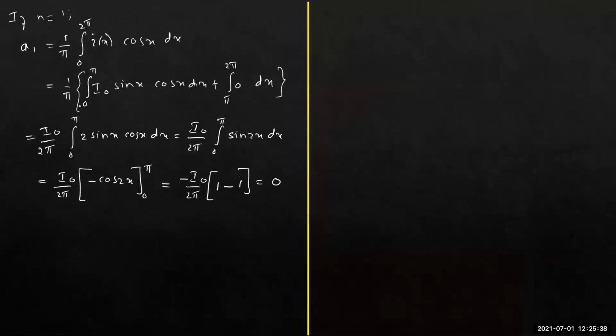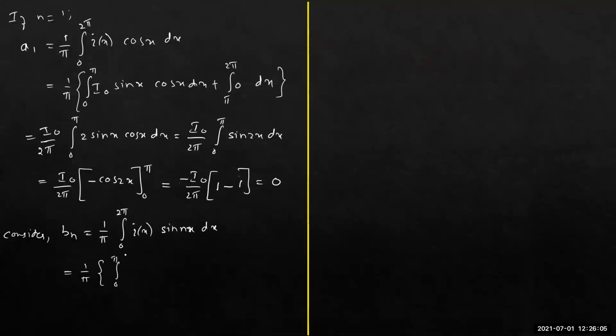Right? Then we need to calculate now bn. Now consider bn equals 1 by pi into the integration from 0 to 2 pi of I of x into sine nx dx. So it is equal to 1 by pi into the integration, I'm just splitting this into two integrals.